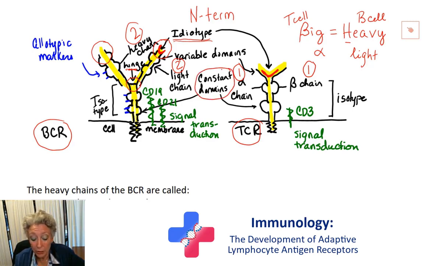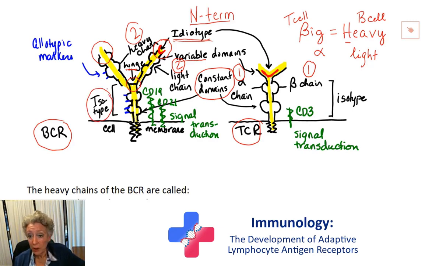That should imply to you that unlike the extremely variable domains that made up the N-terminal end and were unique to the idiotype of the molecule, the constant domains are going to be much more similar in amino acid composition to one another. And they are what are going to give the molecule its isotype or family.